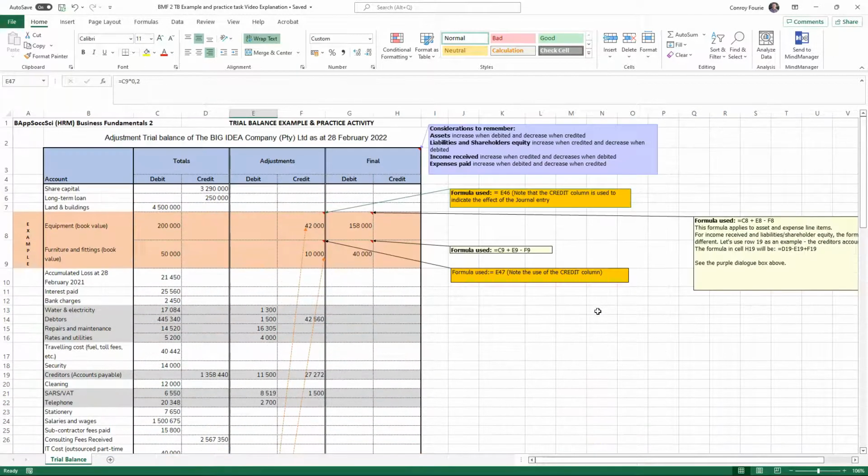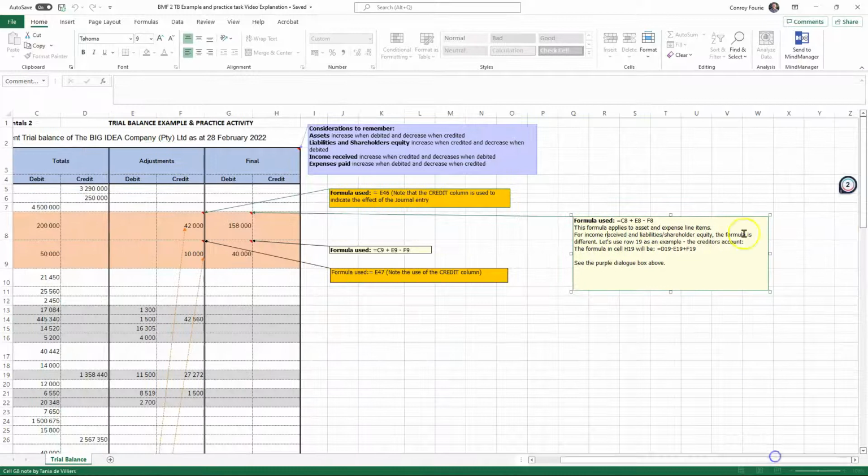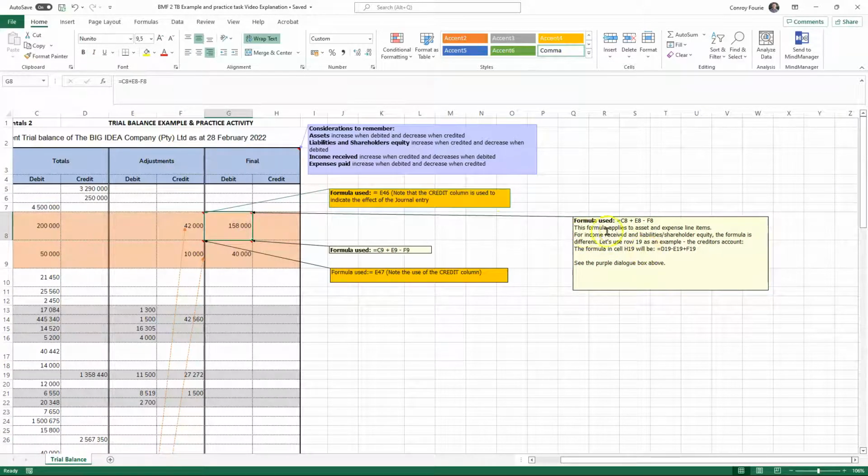So that balances. And now the other thing we need to do is the final columns here and do the calculations. Here you will find guidance on the formulas. So it says here, this formula applies to assets and expense line items.